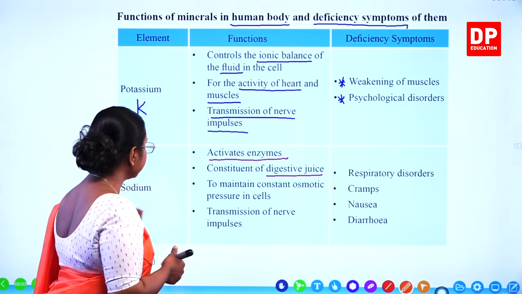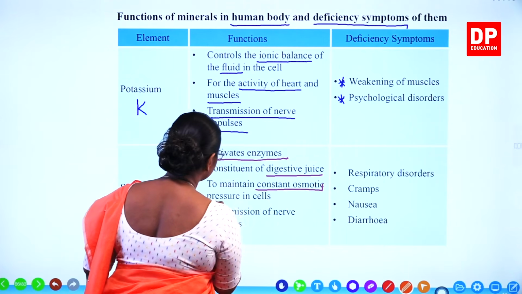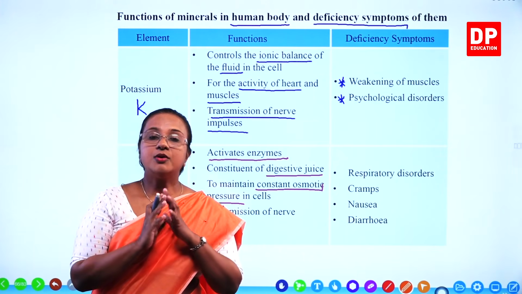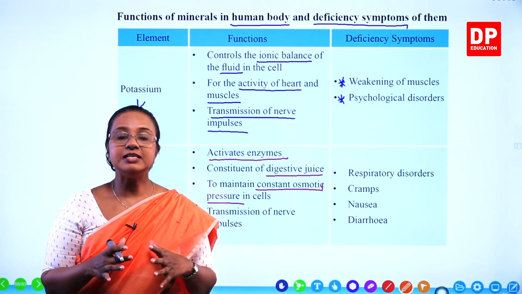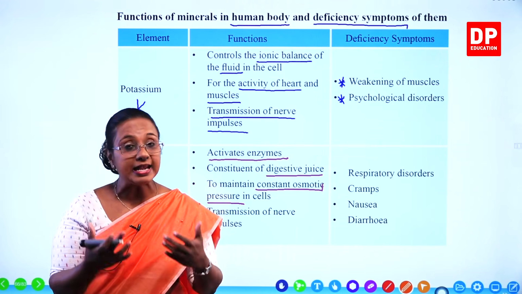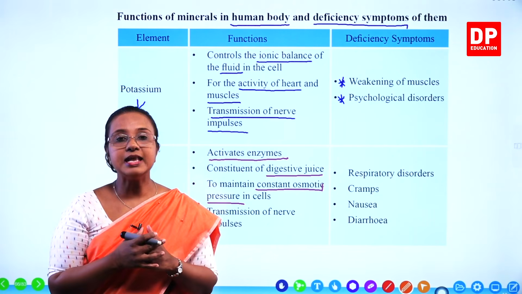Then we have the next function: to maintain constant osmotic pressure in cells. Now, the human body is made up of cells. Inside the cell, there is a certain amount of water and ions. We saw that before. There is water and ions.